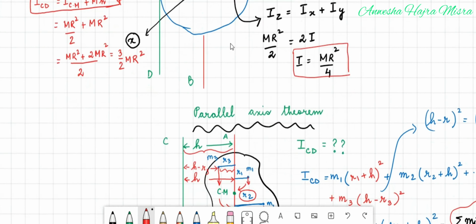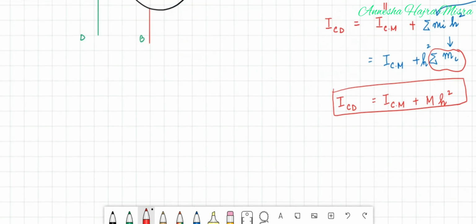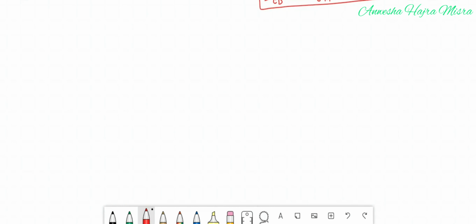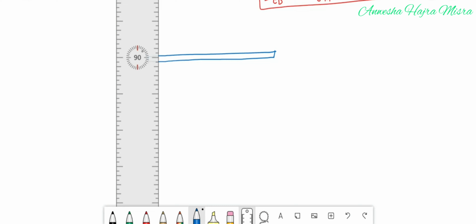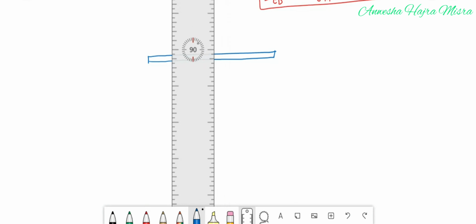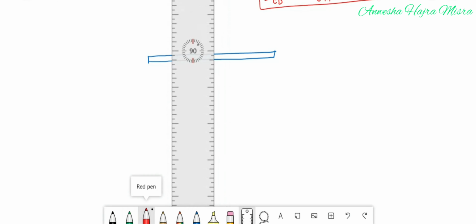Now let us take another example. Say we are going to find the moment of inertia of a thin rod of length L about an axis passing through the center perpendicular to it.